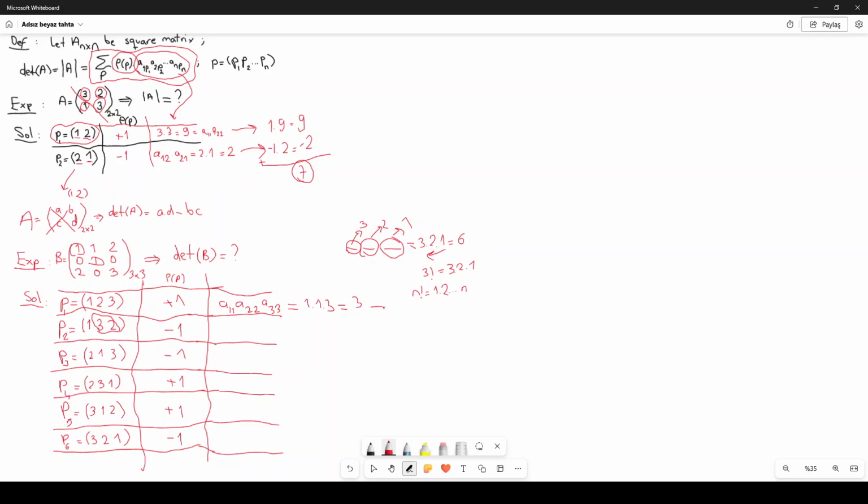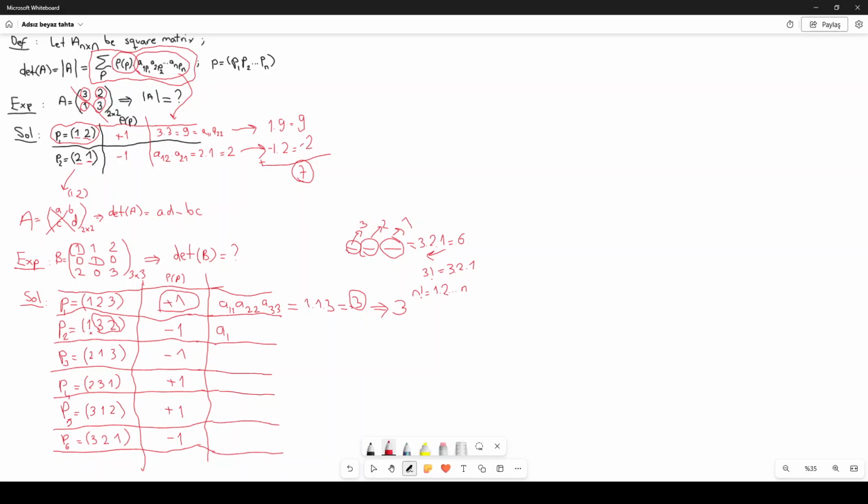And for the last step, I multiply 3 by its sign, and its sign is plus 1. So we have 3 for the first column. Now let's proceed to the second column. What do I have here? Again, I put the definition here.